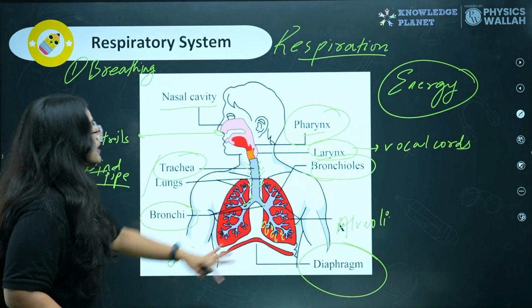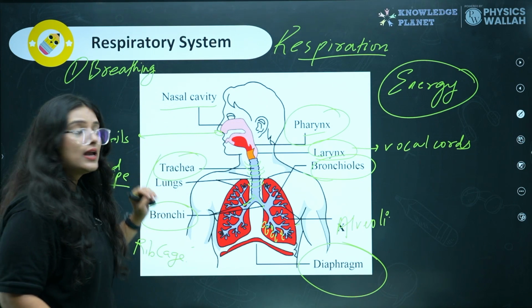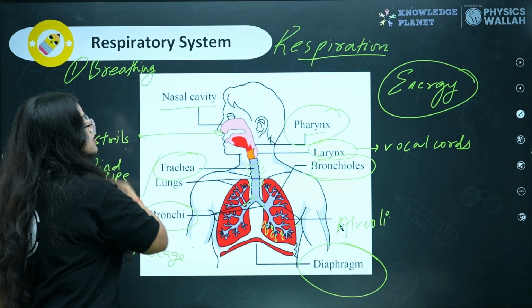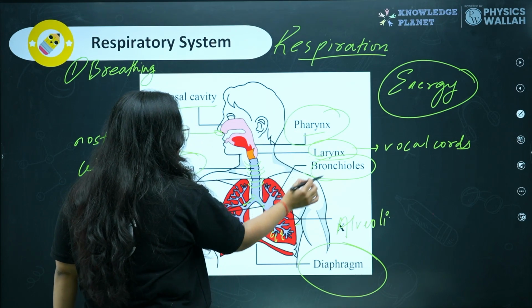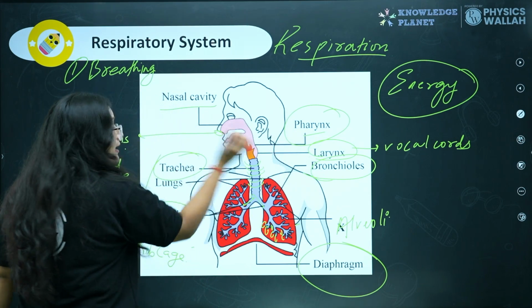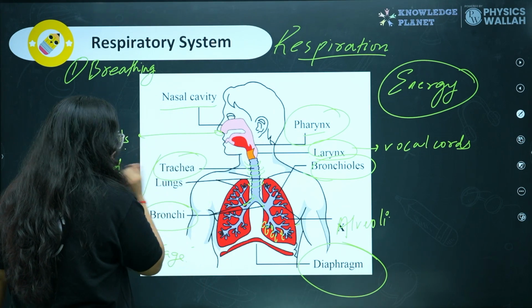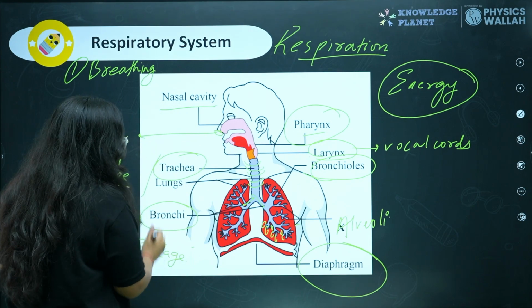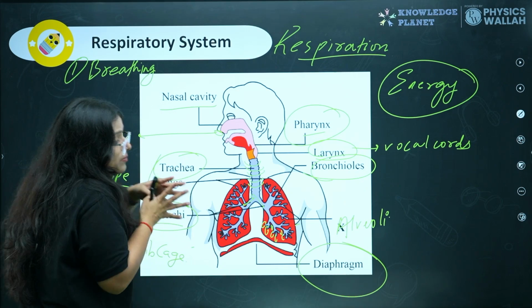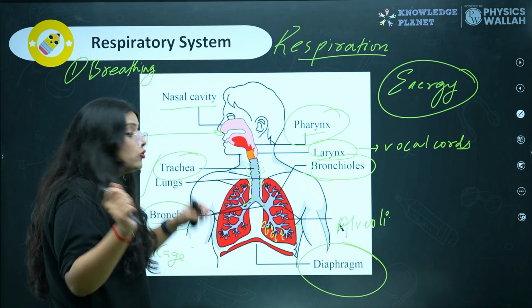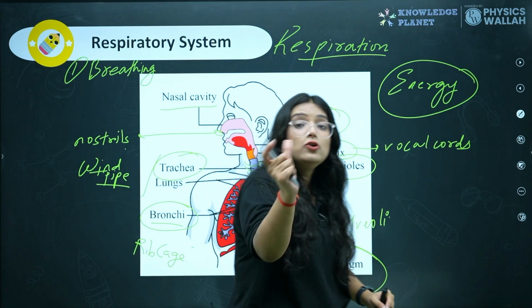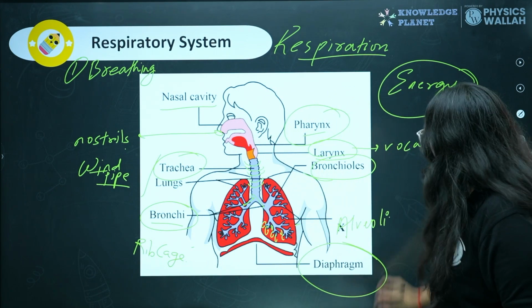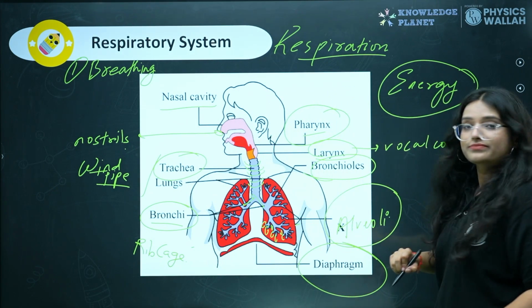So this is your respiratory tract. The air enters from the nostrils to the nasal cavity, then the pharynx, then goes towards the larynx, then proceeds to the trachea, which branches out into bronchi. The bronchi branch out into tiny tubules, bronchioles, which end in balloon-like structures, the alveoli.